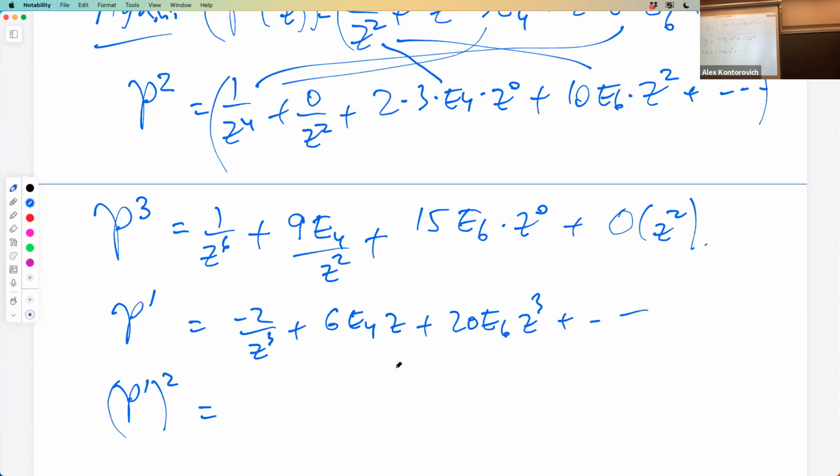I only want 3 terms. Why am I computing p prime squared and p cubed?